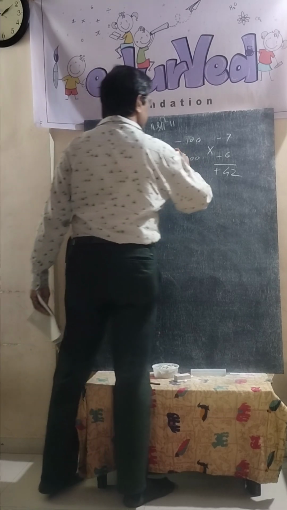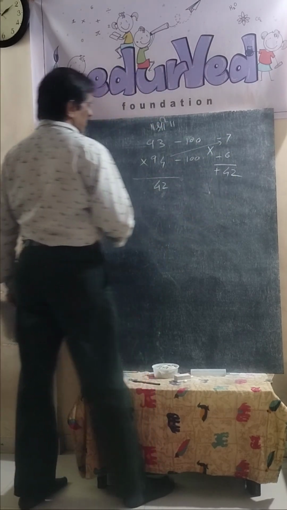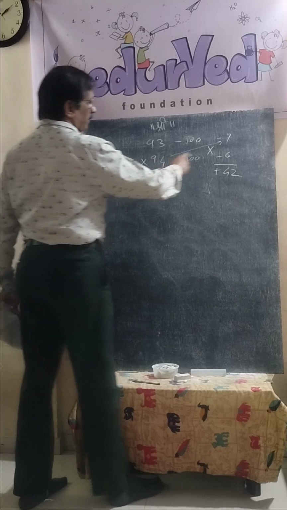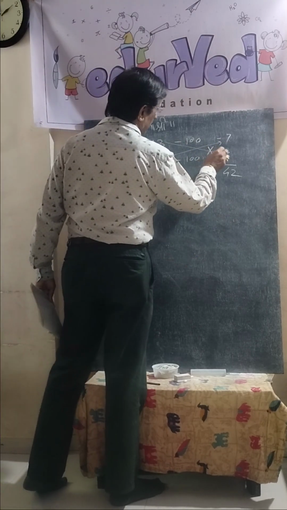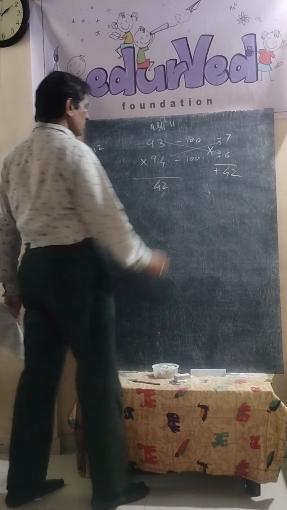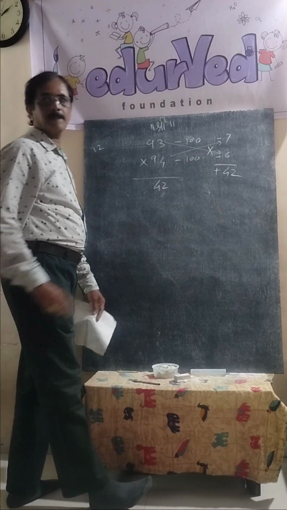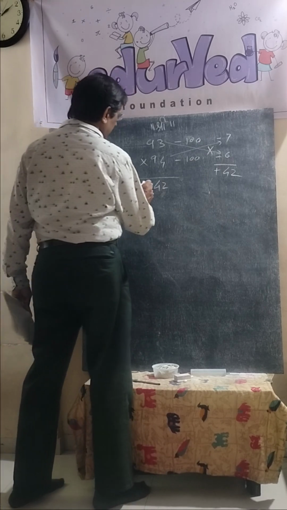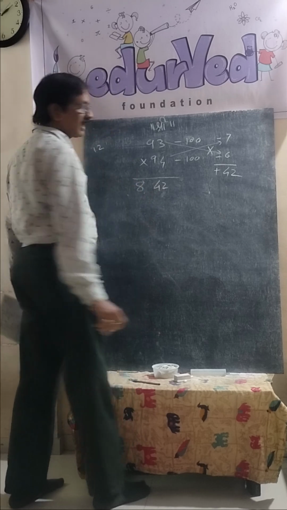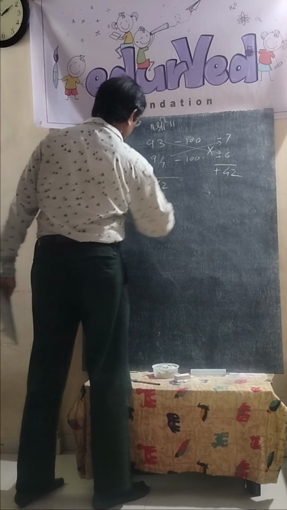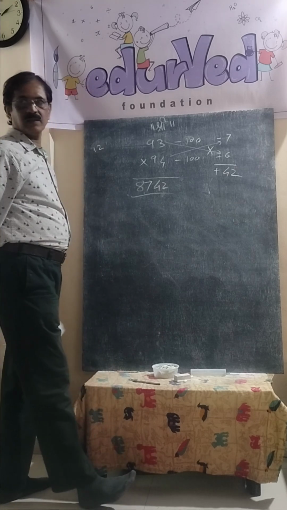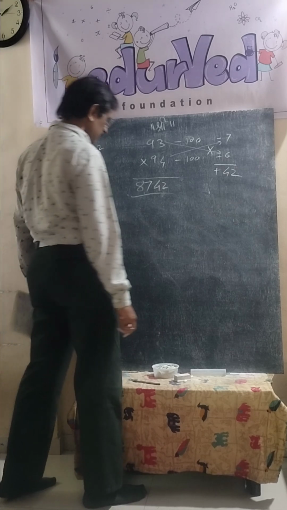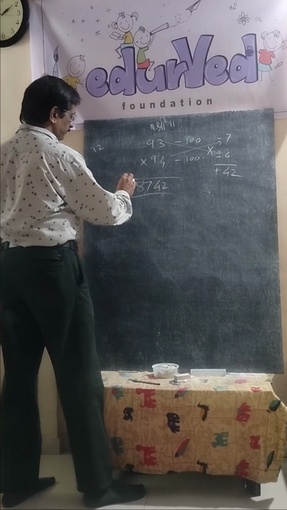Now next step is you have to do 94 minus this 7 or 93 minus 6. It's one and the same. So 94 minus 7 will be 87. So this is 8742. This is the final answer.